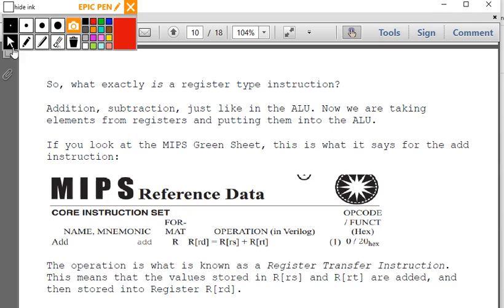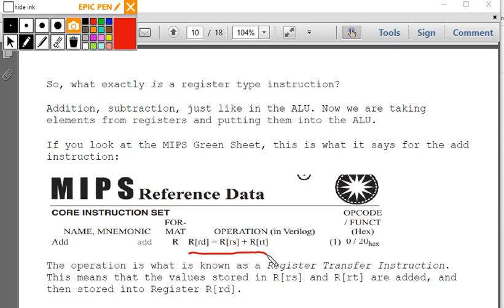So I've included this example of an ADD instruction where this is the operation. Now, we haven't learned Verilog, but this is the operation in Verilog: register RD is equal to register RS plus register RT. And then over here, I have this funky thing, opcode, funct, and hex. So what are these 6 portions of an R-type instruction?